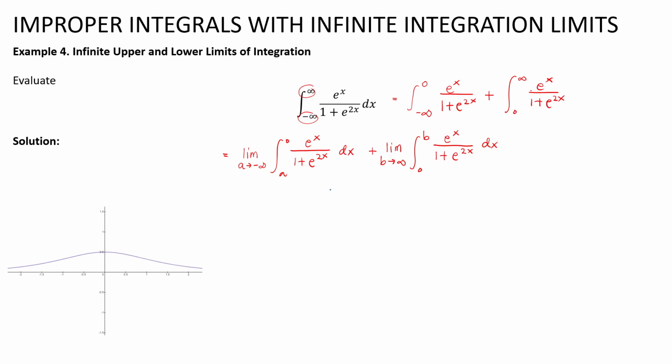So let's try the integral of e raised to x all over 1 plus e raised to 2x dx. So notice that this format is, I think, the same as the inverse arctangent format: du all over a squared plus u squared.